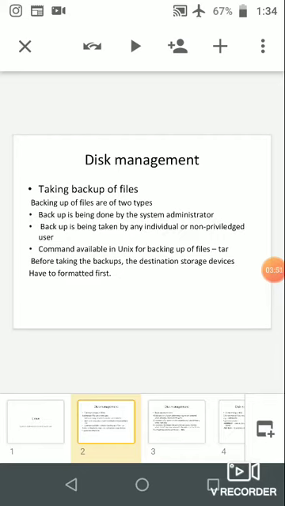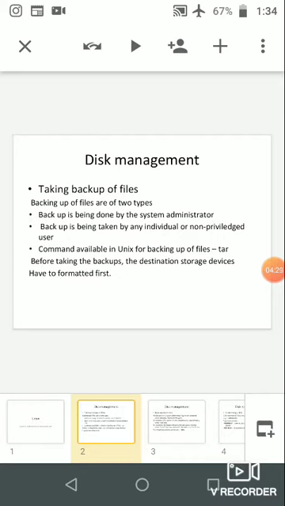Other than this type of backup, an individual user or non-privileged user also can take backups, and they generally take the backup on comparatively cheaper devices. Nowadays, though a variety of storage devices are available, they take the backup mainly of their individual work in some other type of storage device.